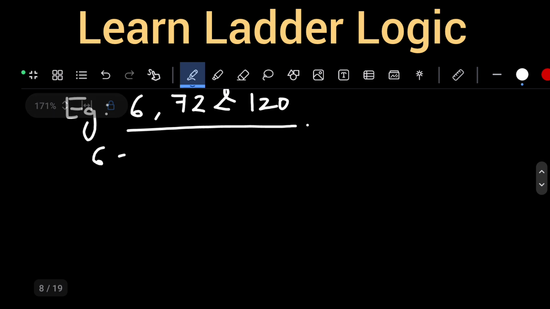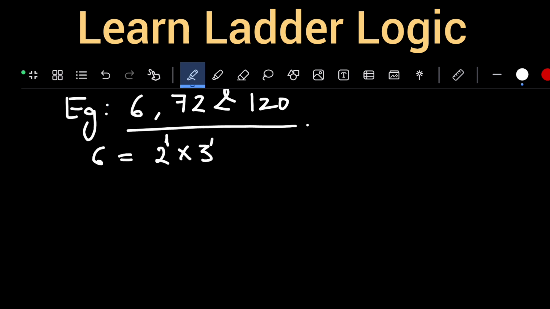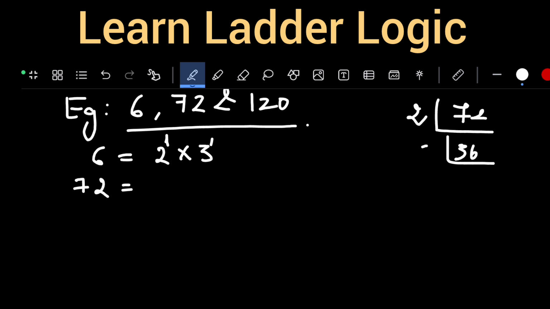6 can be written as 2 into 3. So we know this. I'm just writing the answer directly. 72. Let's find the prime factorization of 72. 72, 2, because the number is even. 36, again 2. 18, again 2.